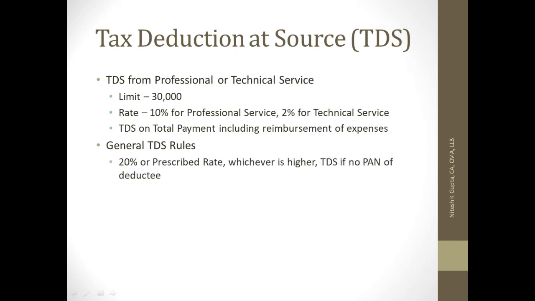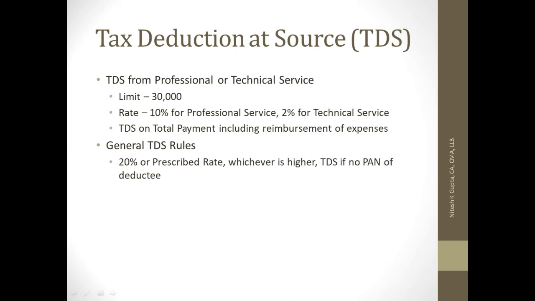First is, suppose I'm paying professional fees to a person, but he doesn't have a PAN, a permanent account number. Then the rate will be either the prescribed rate. So what is the prescribed rate? 10%, 2%, or 20%, whichever is higher.